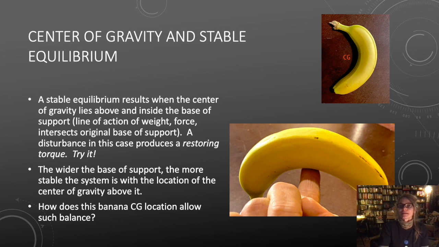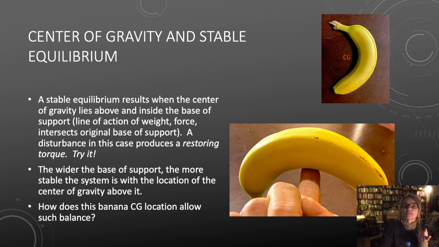A typical banana is curved like this, and it has a center of gravity just outside the banana. If I place a banana curved downwards on my finger, I'm using an upward force to balance its downward weight due to the center of gravity. Now, the center of gravity is below the actual pivot point.